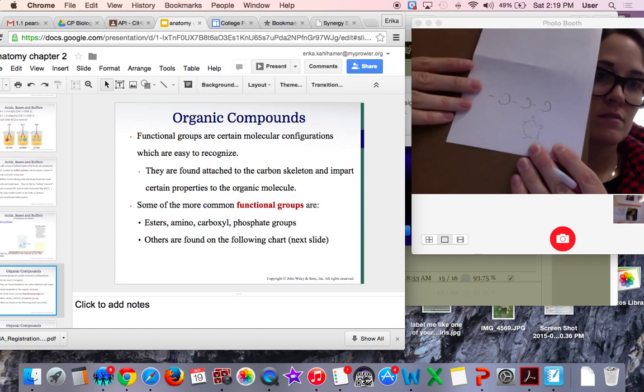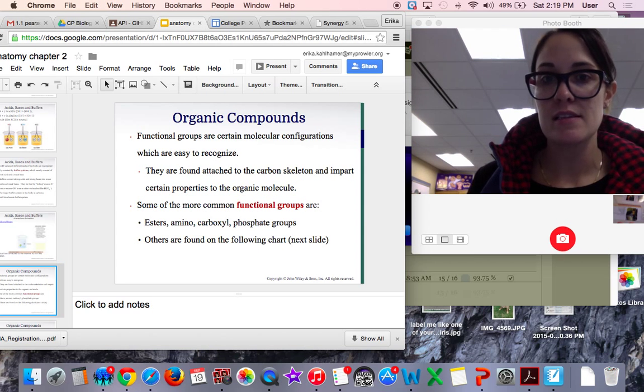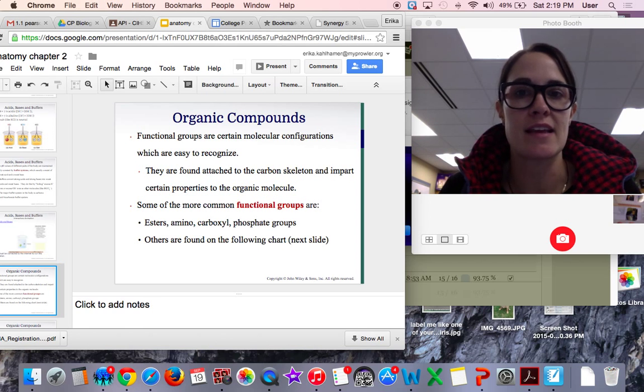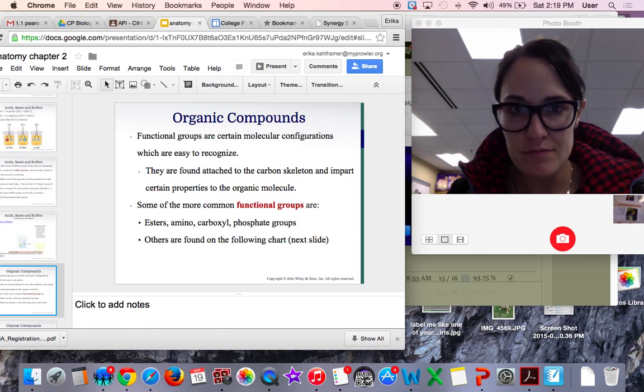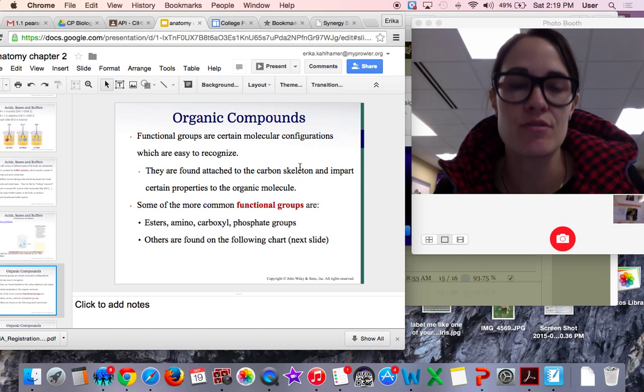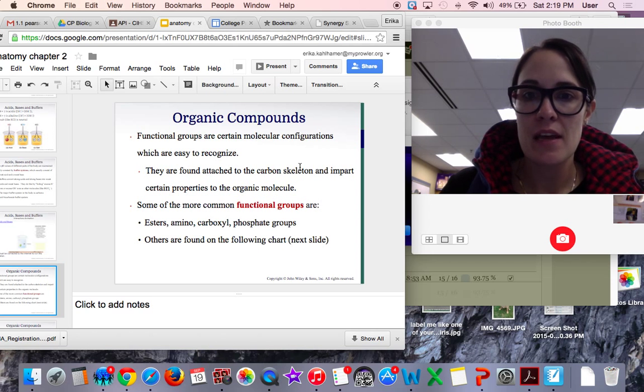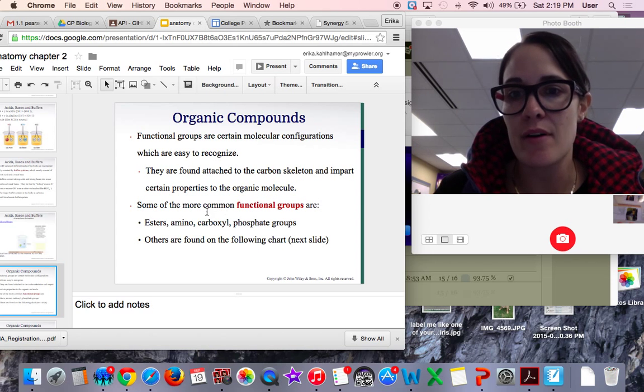That's not a very good pentagon, but that's a ring of carbons. But off of those chains or rings of carbons, you have these things that are called functional groups. They are found attached to the carbon skeleton, and they give certain properties to that organic molecule. Some of the common ones we'll talk about: esters, amino, carboxyl, phosphate groups.